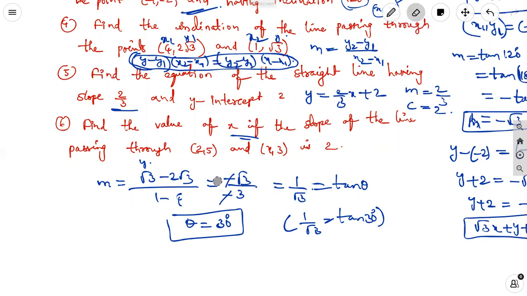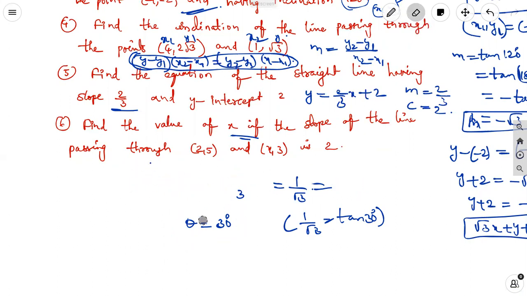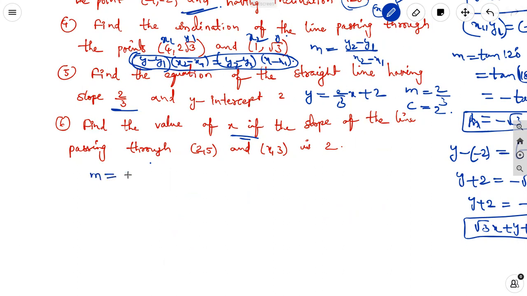So here the slope formula is y2 minus y1 by x2 minus x1. They have given the slope m equal to 2, x1 comma y1 is equal to 2 comma 5, x2 comma y2 equal to x comma 3.